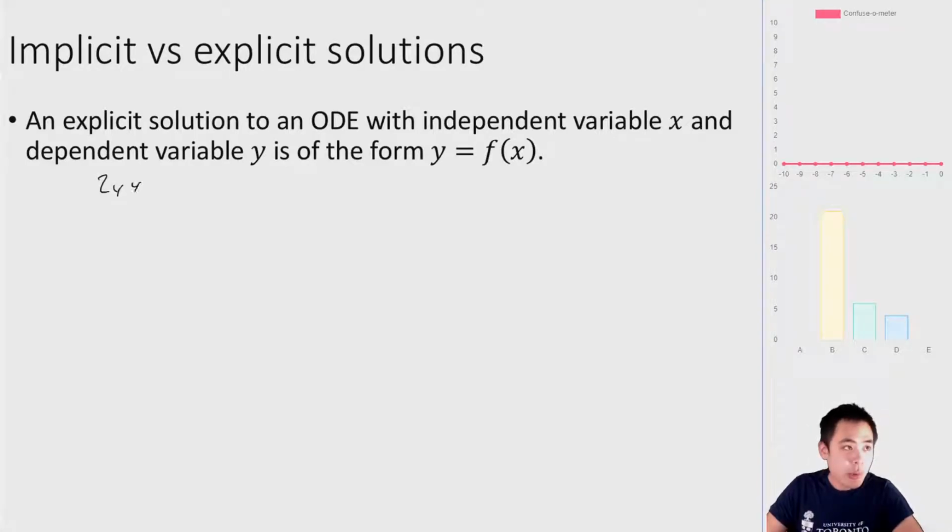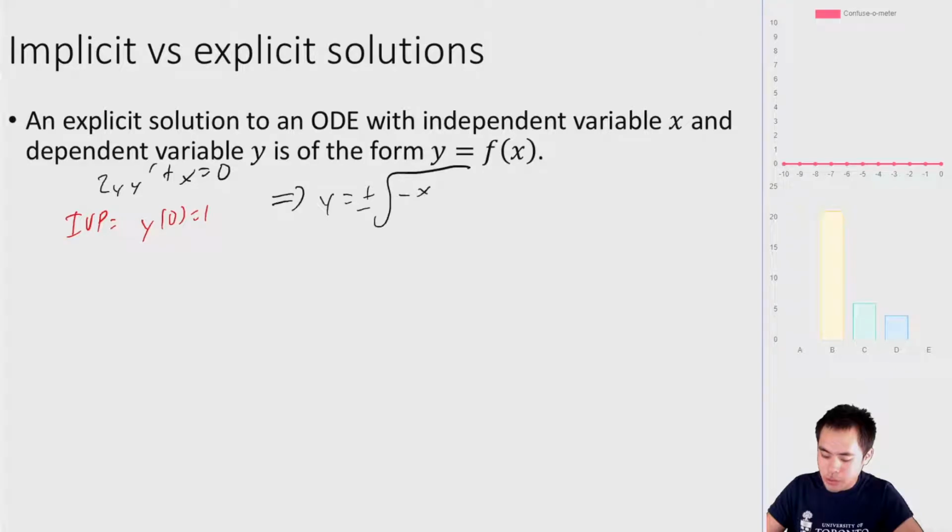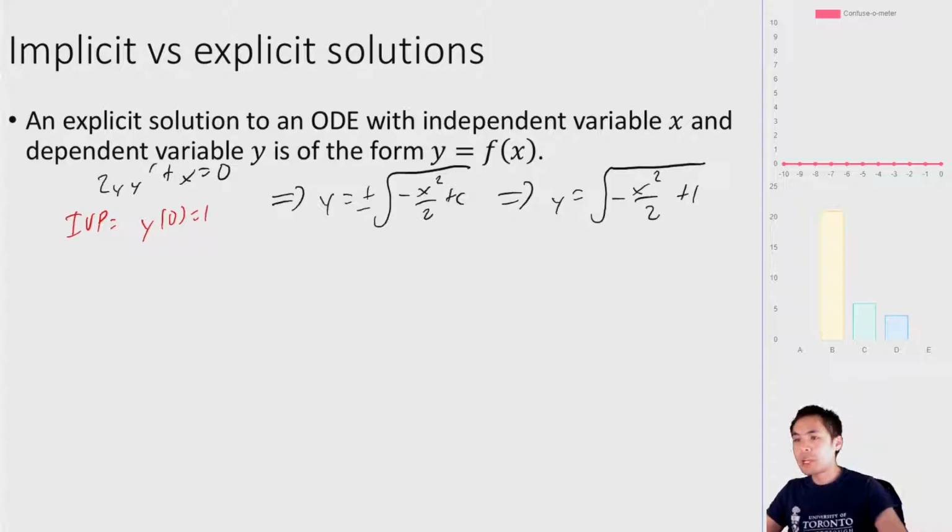If you had 2y y prime plus x is equal to 0, and if we had some initial value problem, let's say y of 0 is equal to 1, then that would turn out to imply that y is equal to plus or minus the square root of minus x squared over 2 plus c. When you solve for that, that gives you y is equal to positive square root of minus x squared over 2 plus 1. Okay, so that is an explicit solution.